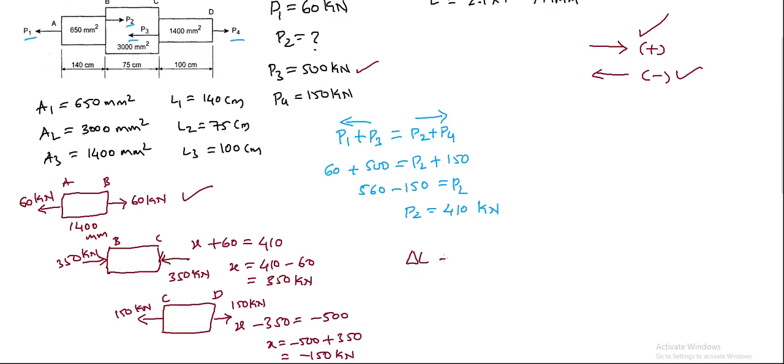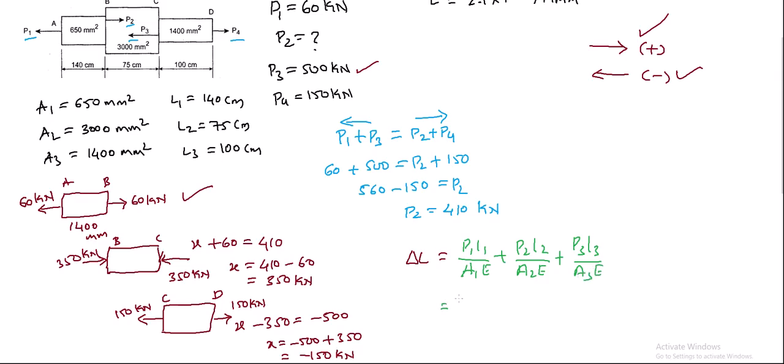Total elongation is equal to, what I can write, P1 L1 by A1E plus P2 L2 by A2E, since E is common for all the elements, plus P3 L3 by A3E.